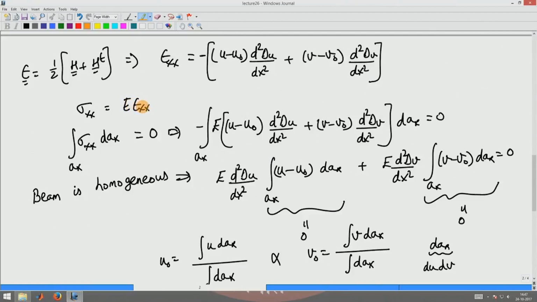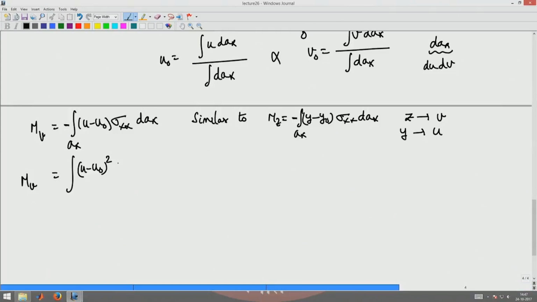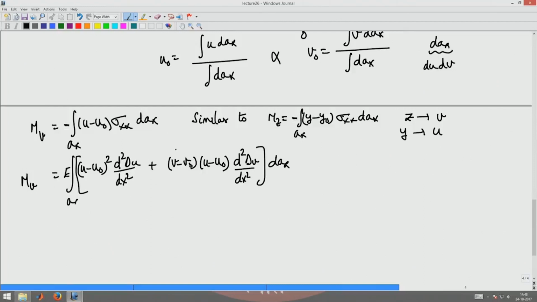So, I will substitute that equation back in here for sigma xx to get Mv as integral u minus u naught square d square delta u by dx square times E, again I assume the homogeneous cross section of the beam, plus v minus v naught into u minus u naught d square delta v by dx square dAx.